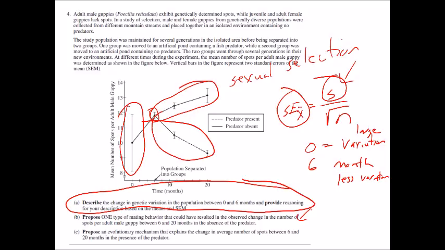And therefore, the genes for lots of spots become less common. The genes for not as many spots become more common. So what they wanted you to talk about on Part C was natural selection. That spots attract predators. Fish with more spots get killed earlier, and therefore they don't reproduce as much as fish with less spots. All right, let's move on to a different topic.